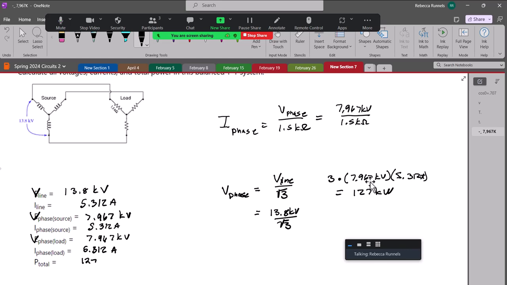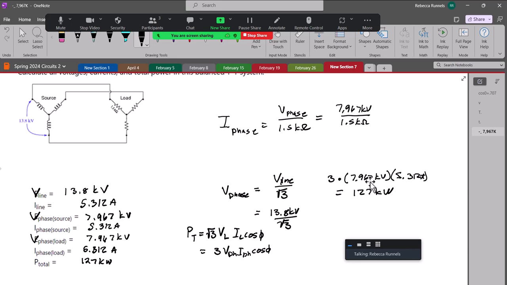But just to see that we could do that another way, we have these 2 things. We have that the total power equals the square root of 3 V_L I_L cosine phi, and we have that it is also 3 V_phase I_phase cosine phi.